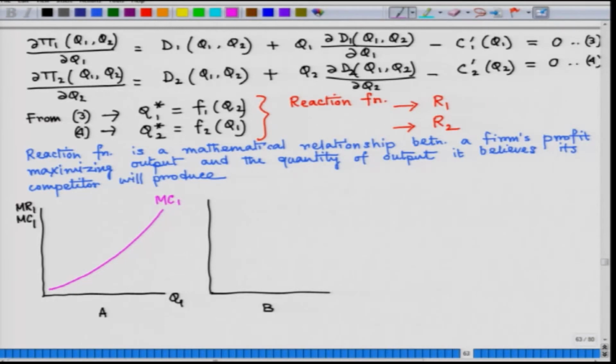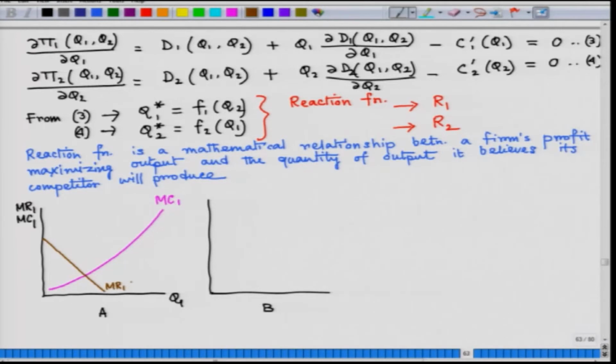Now, we are going to draw a series of marginal revenue curves. Why a series, that we are going to discuss now. So, let us first draw the initial marginal revenue curve, and let me name this MR 1.